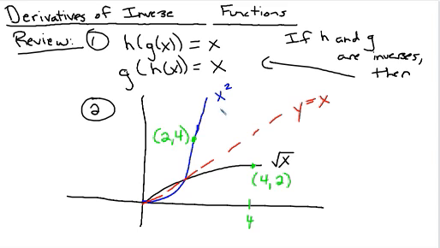And think about it. If I put a 2 in for x here, isn't 2 squared equal to 4? So this is very important in understanding these inverse problems on the AP exam. If you can understand that and understand the next thing I'm going to show you, they are not very hard.